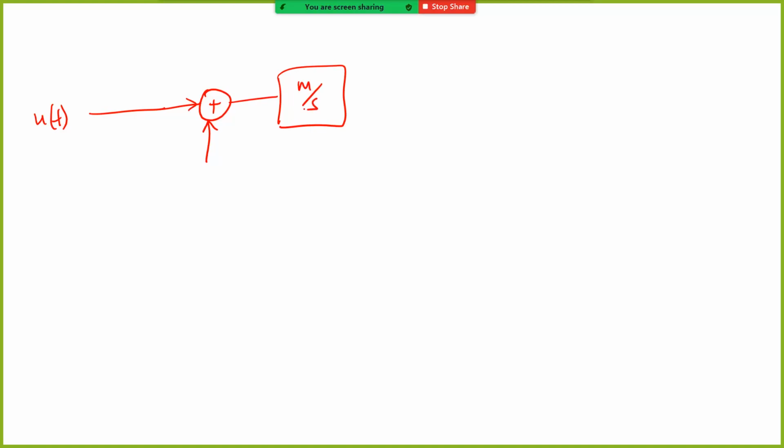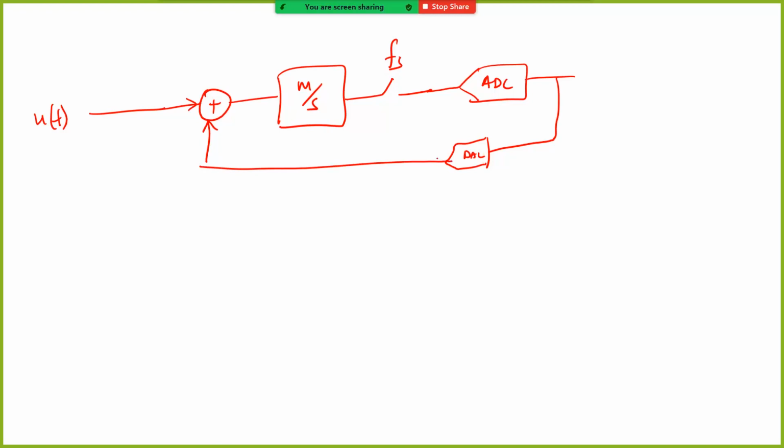This is an integrator, which is a continuous time integrator. Then you have the sampling switch, and then you have your ADC, and then you have your DAC, and this is going to come back like this. All right. So this is a mod 1 continuous time delta sigma modulator.